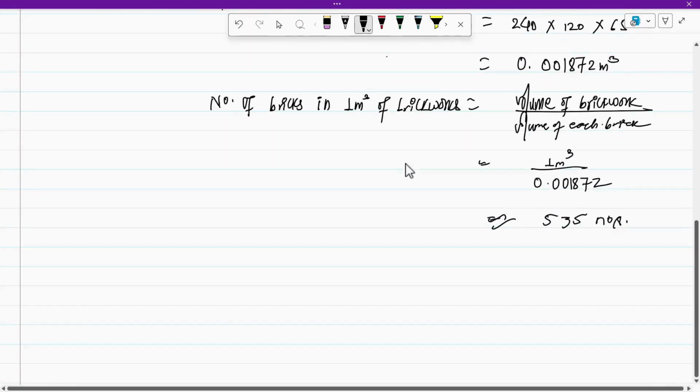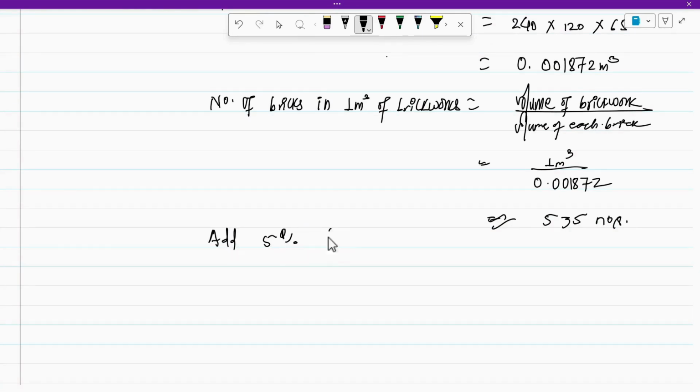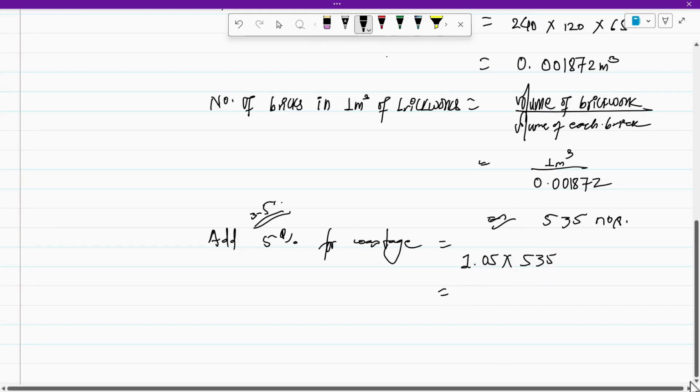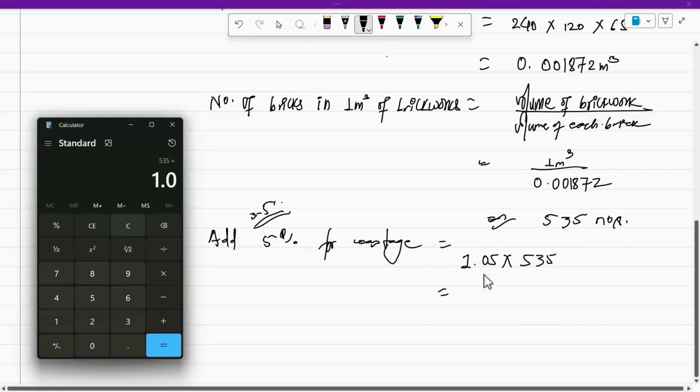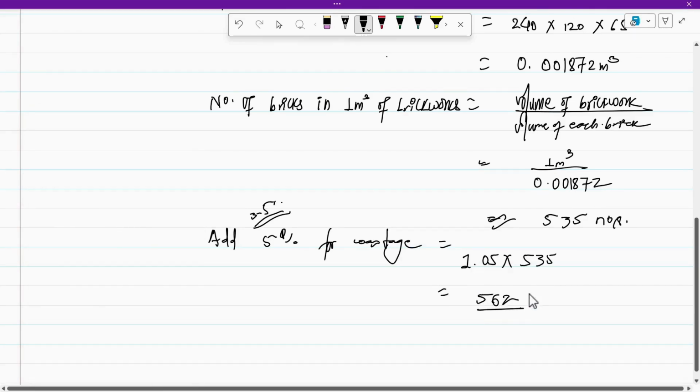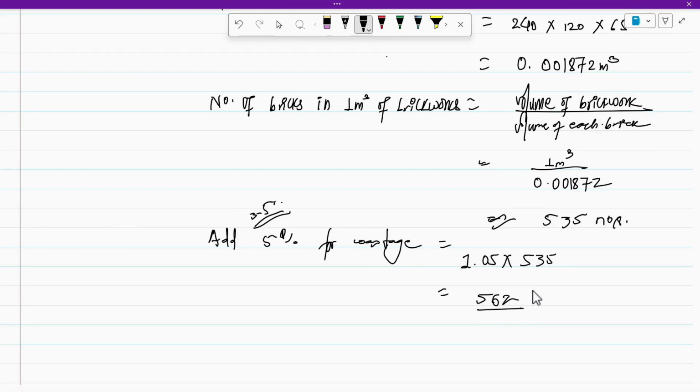So let's consider wastage and add 5% for wastage. You can take from 3 to 5%. This is equal to 1.05 times 535, which is 562. So to get 1 meter cube of brickwork, you will need 562 bricks.